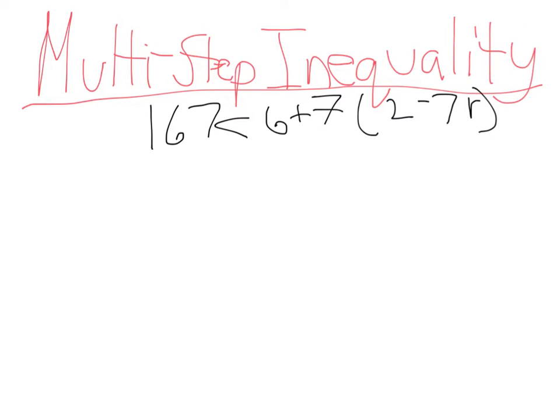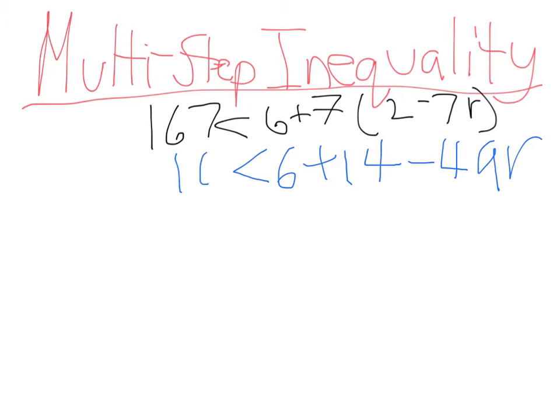Okay, so first we're going to have to do the distributive property. So that's going to be 14 minus 49r. 8 plus 6, 7.